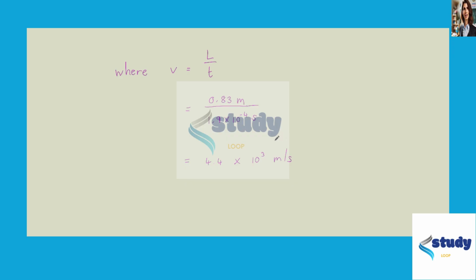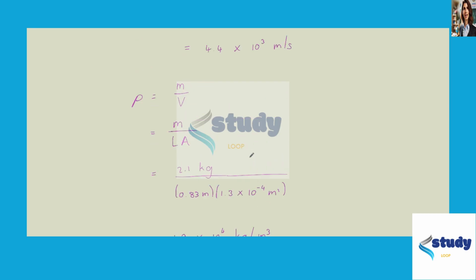Now, the mass density of the bar, rho, is equal to the mass over the volume. And we can write the mass as the mass of the bar m, and we can write the volume as the length of the bar times its cross-sectional area. That's the volume of the bar. And again, we know this mass, which is 2.1 kilograms.